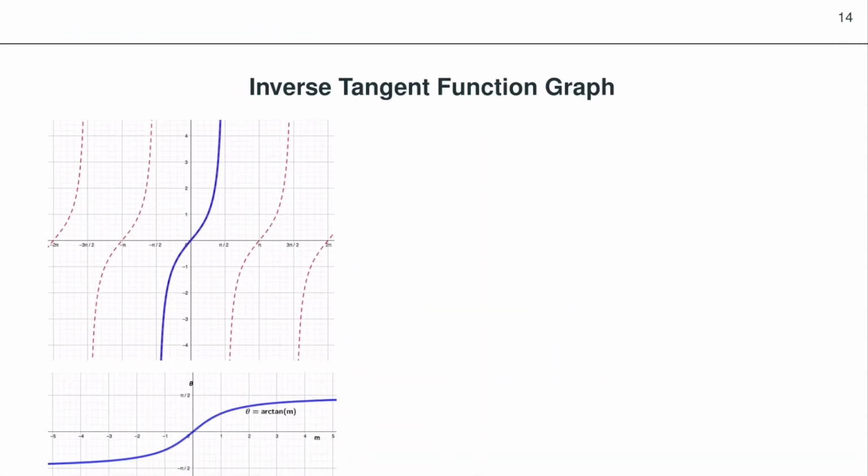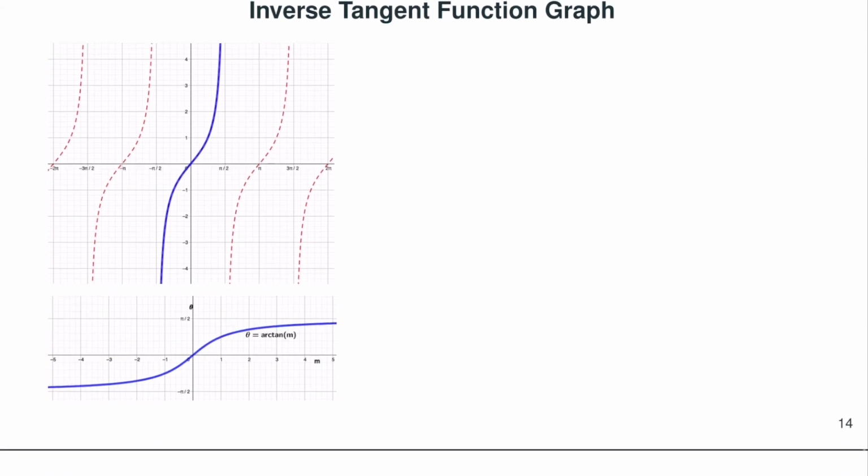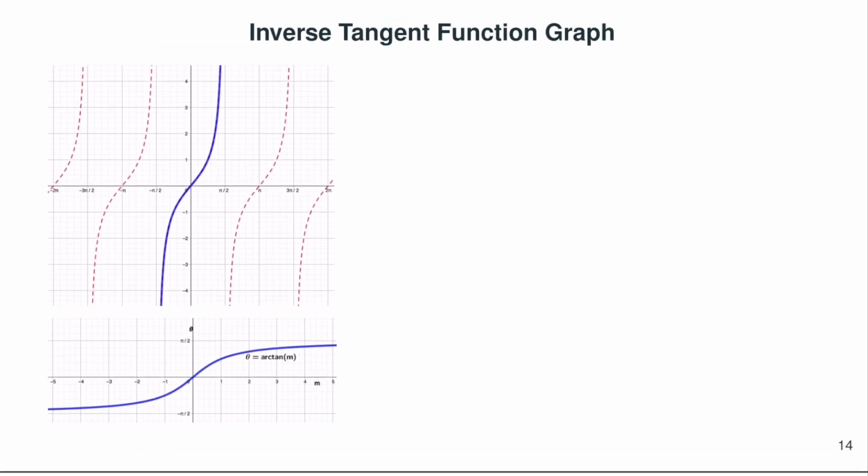So then we get this graph. Let me label again. Here's the angle. Here's the tangent value, which means slope. For inverse tangent, we get the angle as the y-axis, as an output. Input is the tangent value.